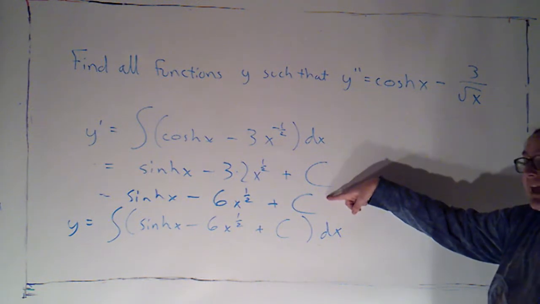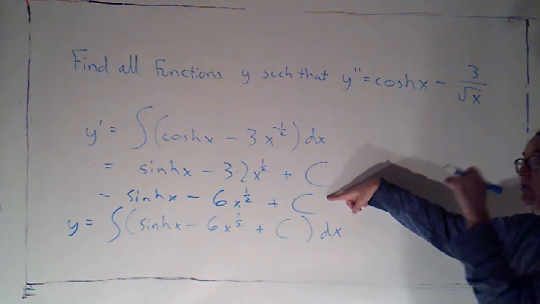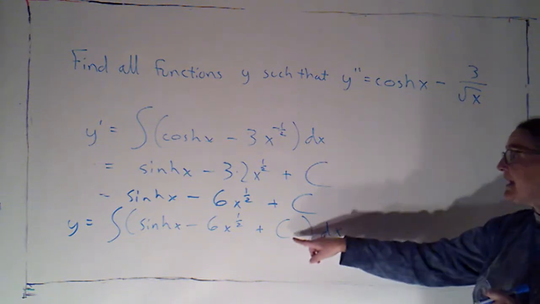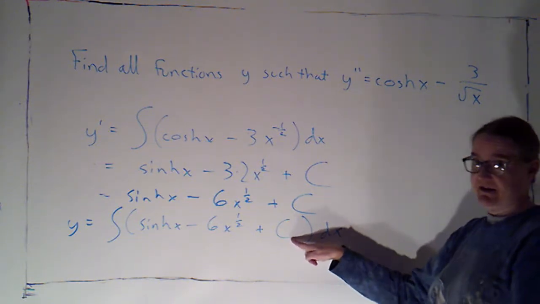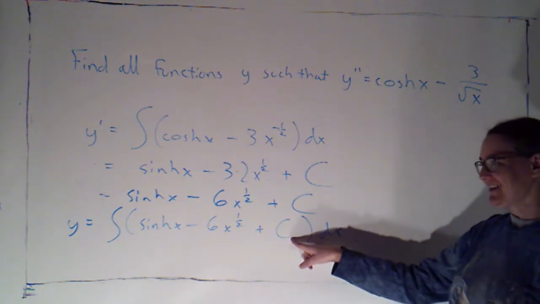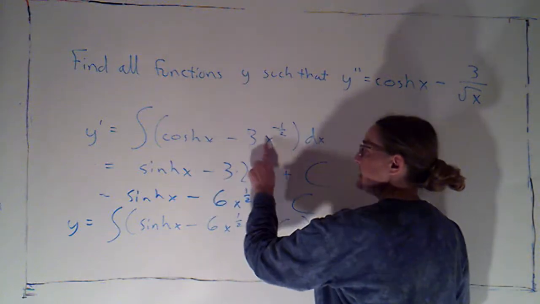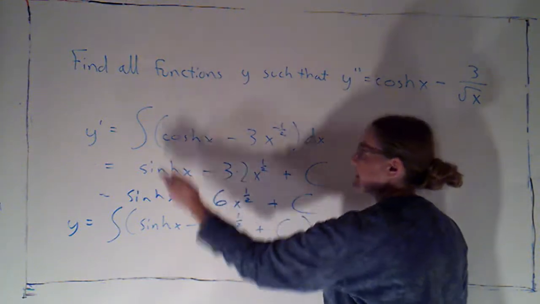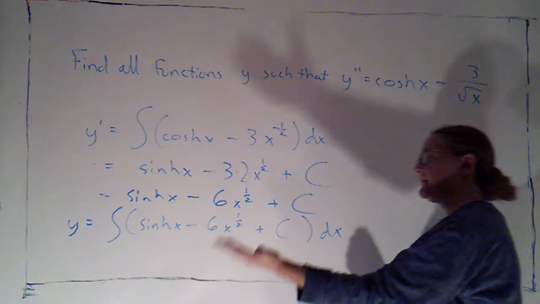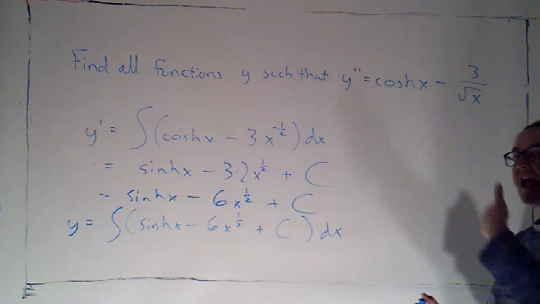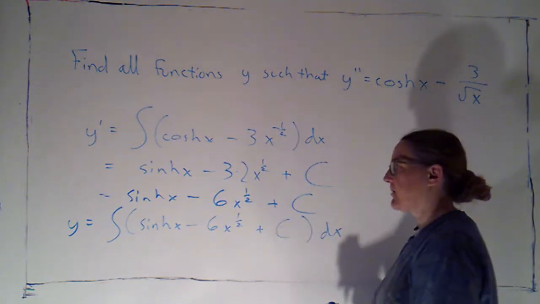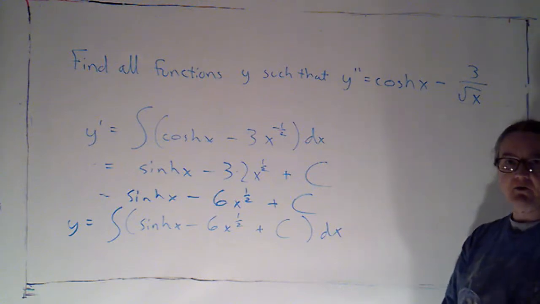So I've got a term of c in the derivative, which means I'm going to have an antiderivative of that arbitrary constant in my formula for y. So I can't just take an antiderivative of these 2 parts, then take another antiderivative and then throw on a c at the end. Every time I integrate, I get my constant of integration.